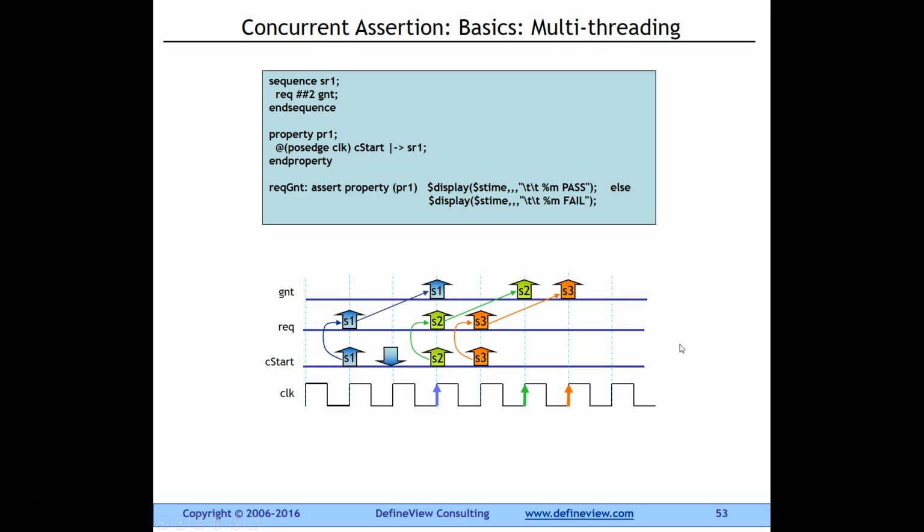This is a very important concept that you need to understand. There are more complications when we see what is called a delay operator, and we'll see what happens when you have a range based delay operator. Then the multithreading becomes even more complex, but let's keep that aside for now. Right now, just understand how the multithreading works for non-range based clock delay operator.